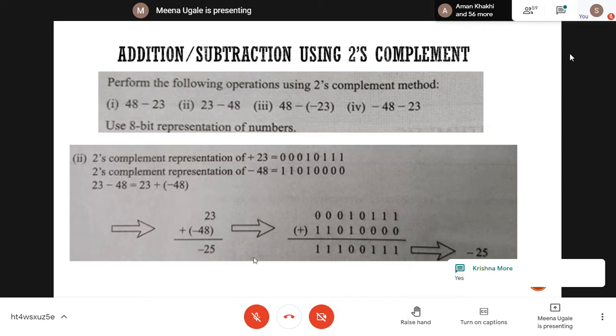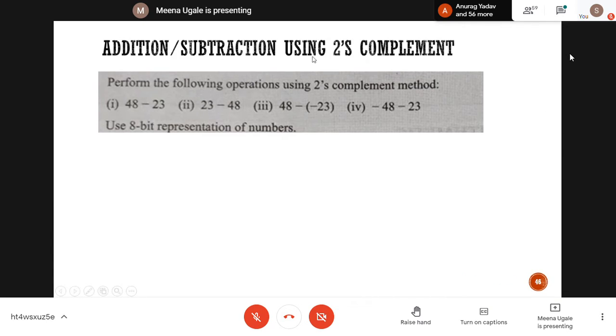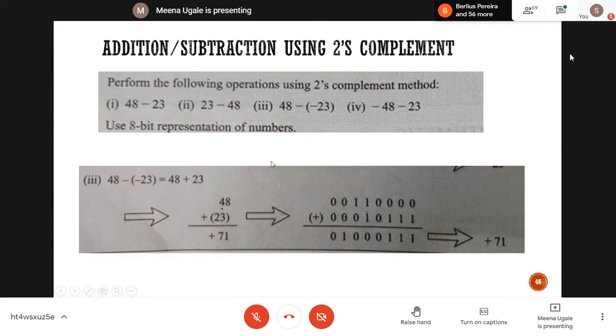Okay. In that case, I hope you are getting it for the third case also. Third is 48 minus 23. Minus minus means plus, so 48 plus 23 you can try here. For 48 plus 23, take the simple representation of 48 and 23, add it up, you will get some answer like plus 71.